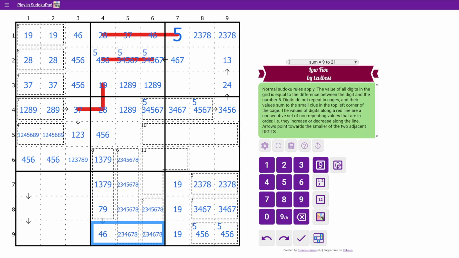These are not 5. This is not 7. Oh, does the 7 have to go in this row?